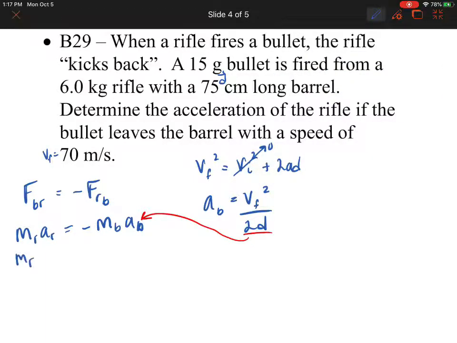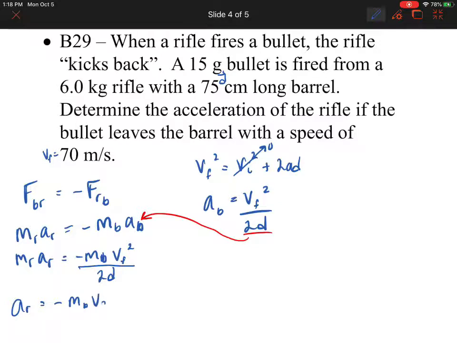So I have the mass of the rifle times the acceleration of the rifle equals negative mass of the bullet times vf squared divided by 2d. I'm going to make this into one full fraction there, and then I need to divide by the mass of the rifle in order to get the acceleration of the rifle.